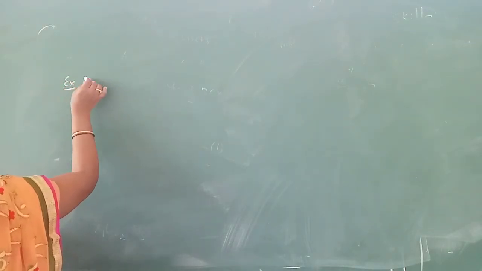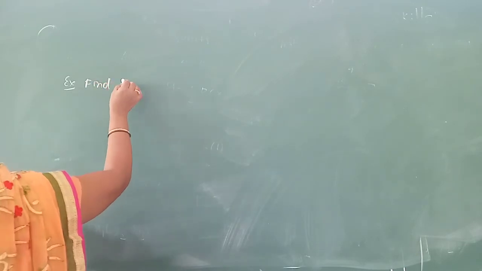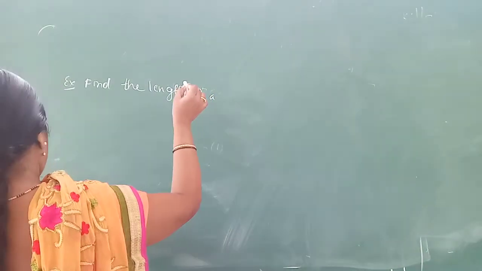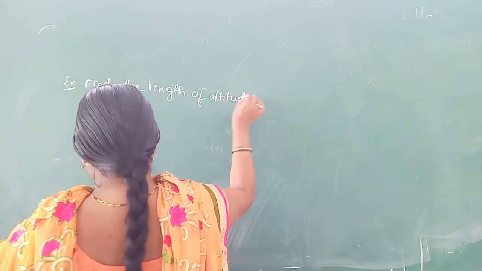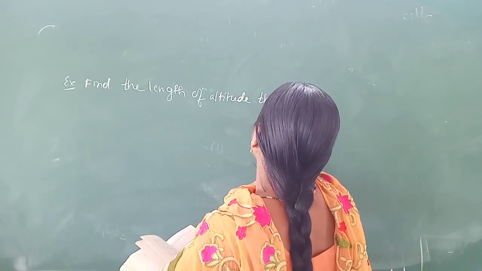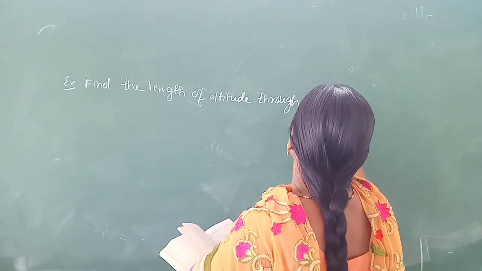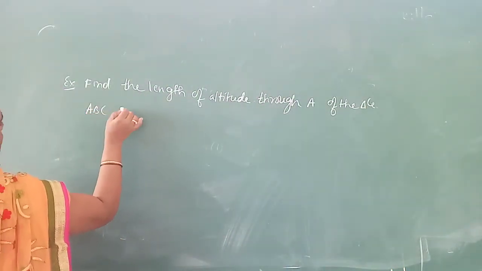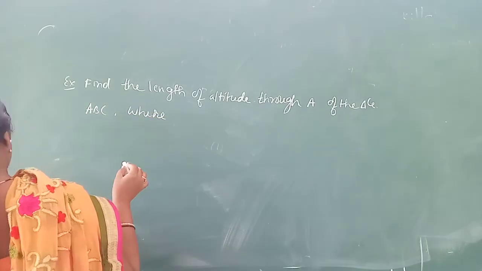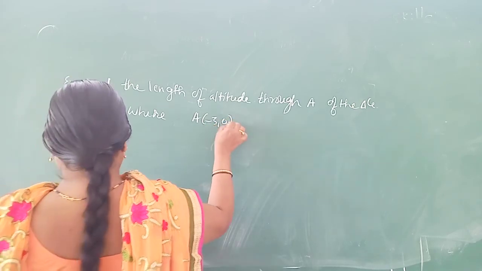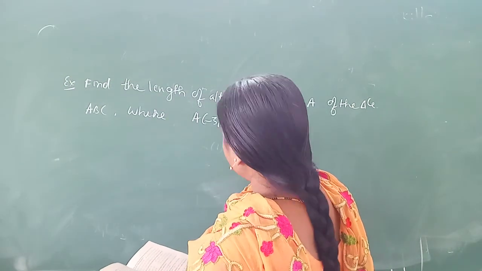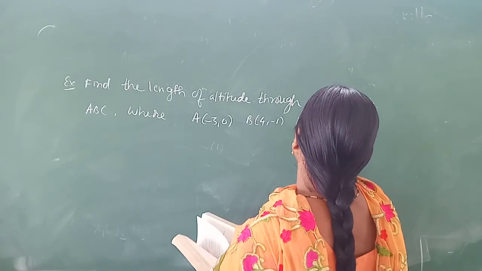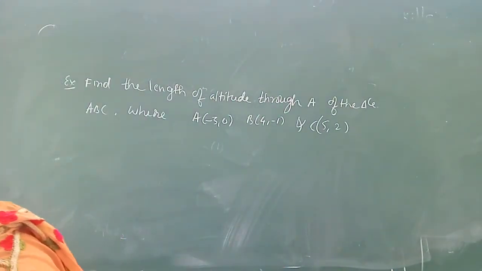Find the length of the altitude through A of the triangle ABC, where A is (-3, ...), B is (4, -1), and C is (5, ...). Calculate the altitude of the triangle ABC.